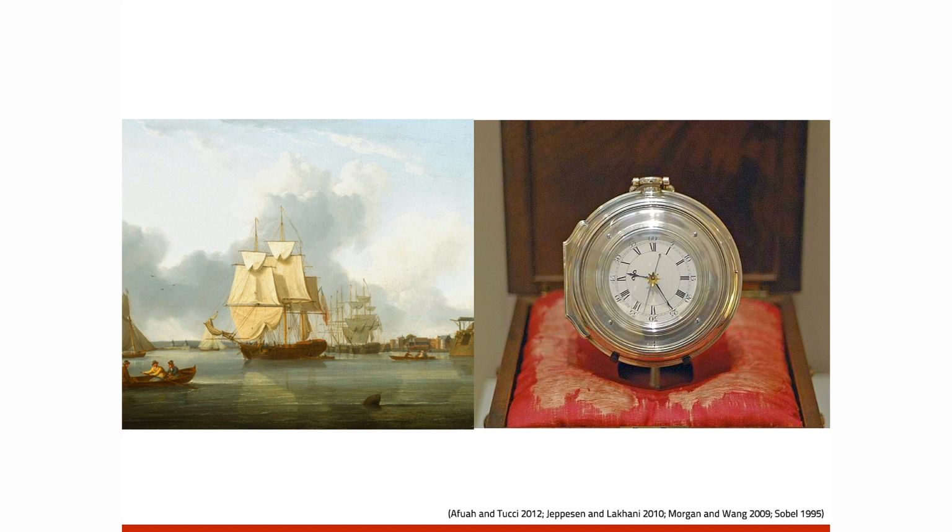So what did the British Empire do? The Parliament passed the Longitude Act, and they asked the public, does anyone have a solution to determine the longitude? And if so, you're gonna get £20,000. That doesn't sound like a lot today, but back then it was millions of pounds, so an awful lot of money.